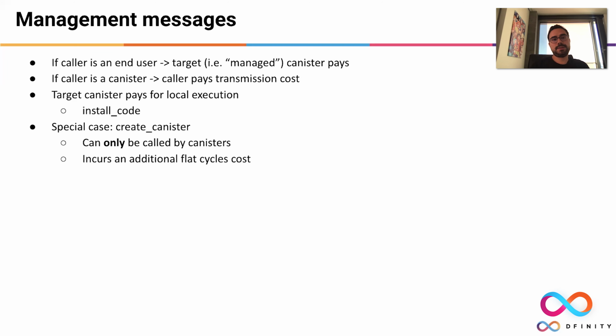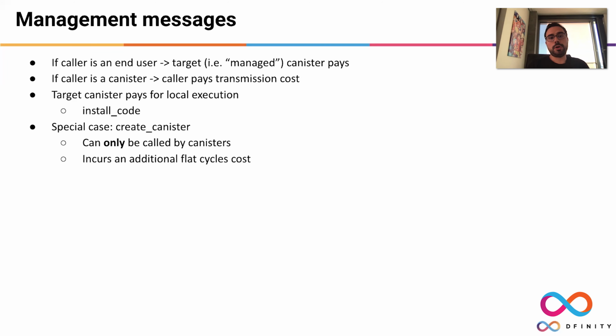Specifically, if the caller is an end user, it's an ingress message, just like any other ingress message, and the target canister, or the management canister, will have to pay for the ingress cost. If the caller is another canister, then we're talking about an inter-canister call, and the caller will pay the transmission cost, just like another inter-canister call.